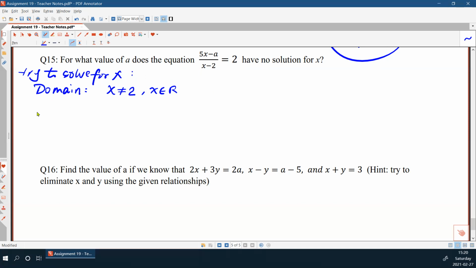To solve for x, we can use cross multiplication, which gives 5x minus a equals 2x minus 4. Then we combine all the terms containing x. This gives you 3x equals a minus 4, correct? So what is x here?